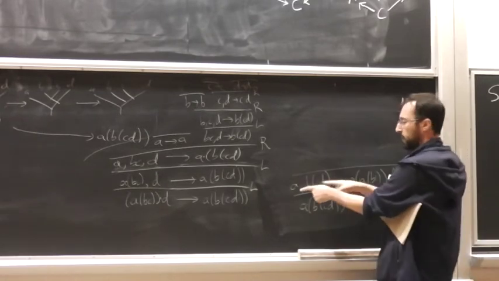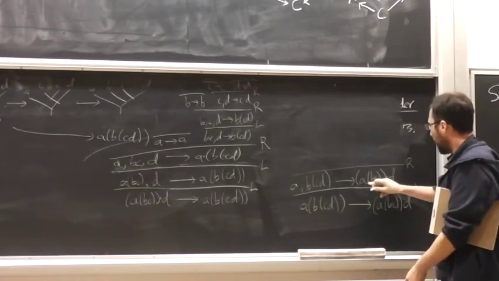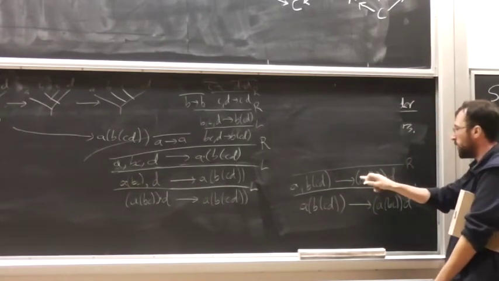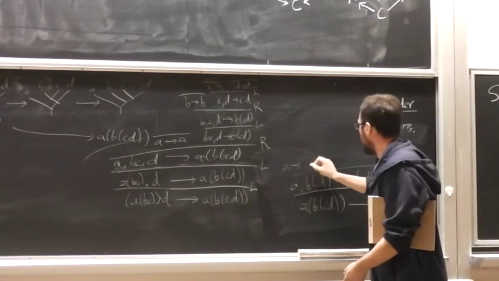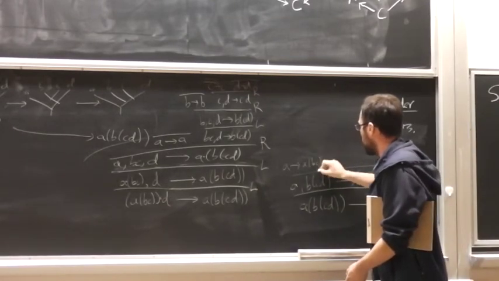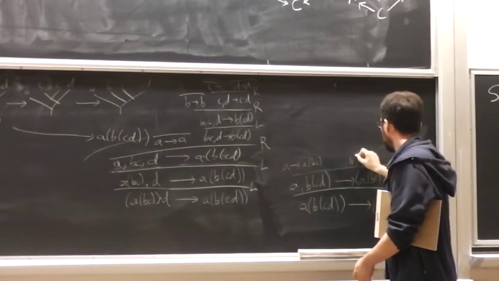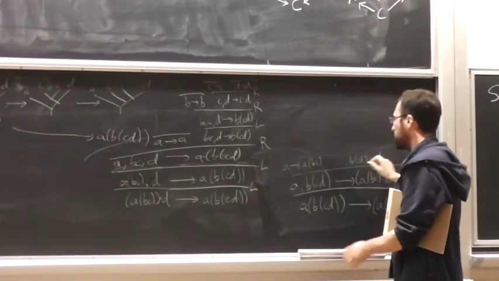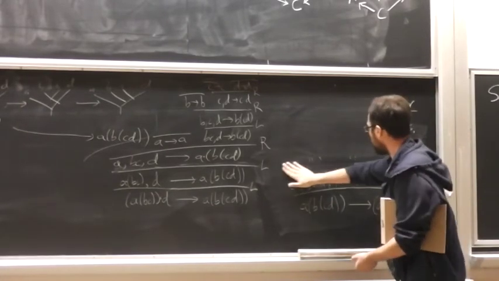We'd have to split this list into two pieces, one of which proves A times BC, and the other which proves D. So maybe we could try to split this as A entails A times BC, and BCD entails D, but this is not going to work, because these have different sizes.